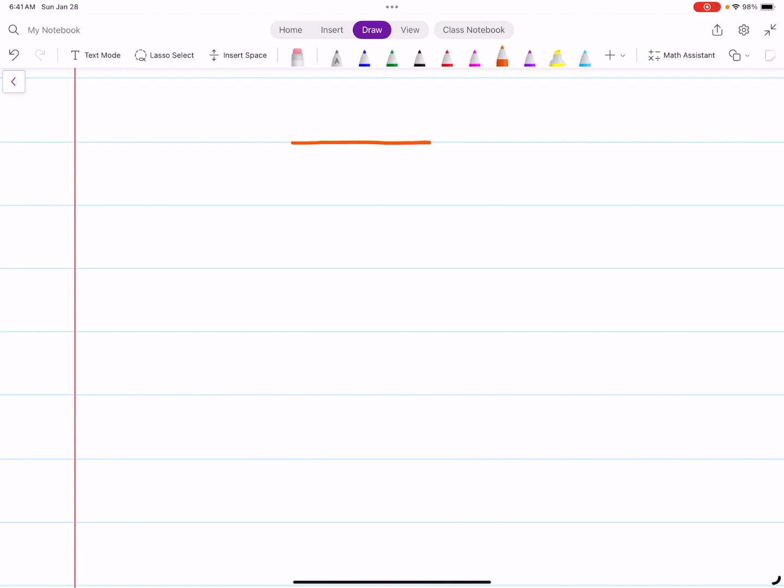So we have a beam and it is simply supported, so we have the pin joint on the left and roller support on the right, and we have a distributed uniform load like this.